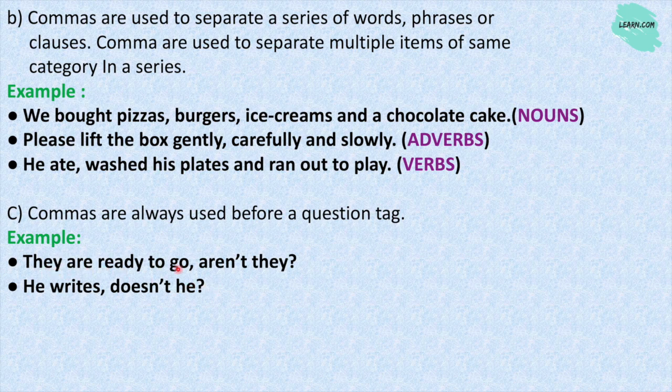So after this, we have to put a comma and then we are supposed to write the question tag, that is, aren't they? Second sentence, he writes, comma, doesn't he. So a comma is always placed while writing the tags between the sentence and the question tag. In this way, we use comma while writing the question tags.